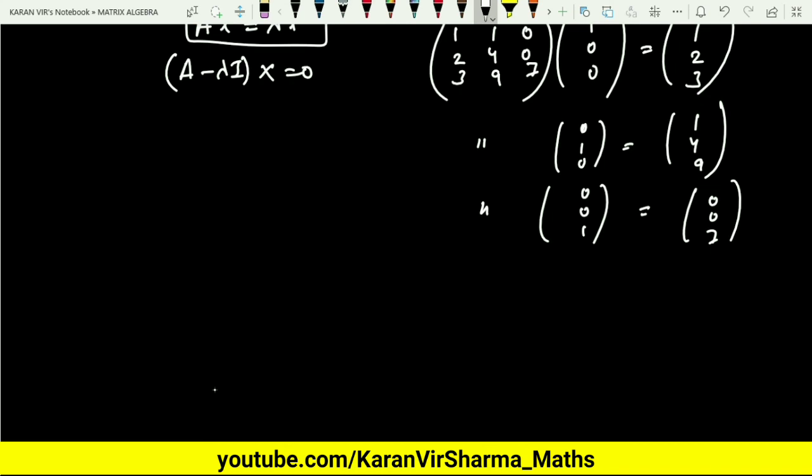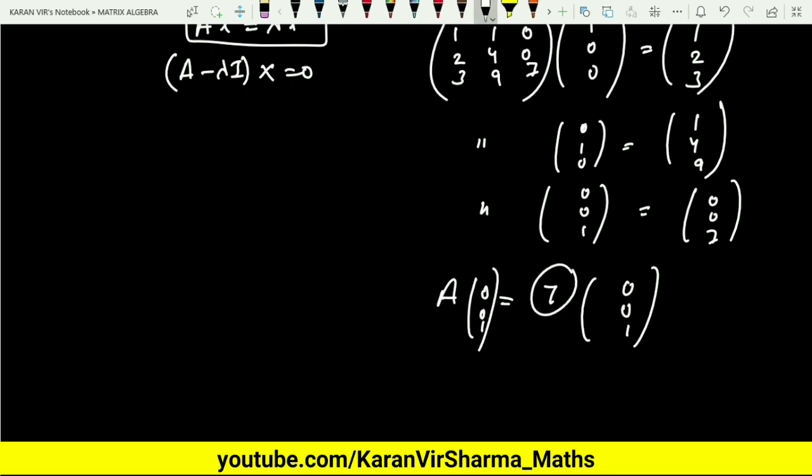Now this is A into x. You can take 7 out common from this. This will be 0 0 1, and what was your x? 0 0 1. So you can observe that you have got the eigenvalue 7. So definitely 7 will be one of the eigenvalues for the above system.